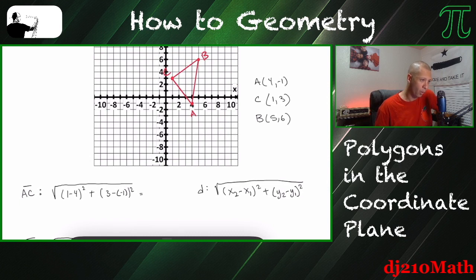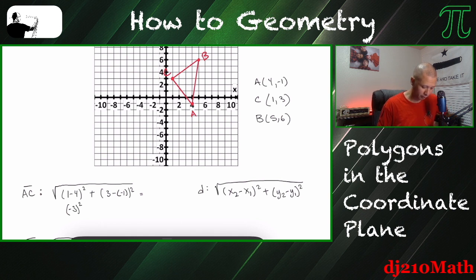But 1 minus 4 squared plus 3 minus -1 squared. Okay, 1 minus 4 is -3. And 3 minus -1 is really 3 plus 1, which is 4. And again, that's squared.